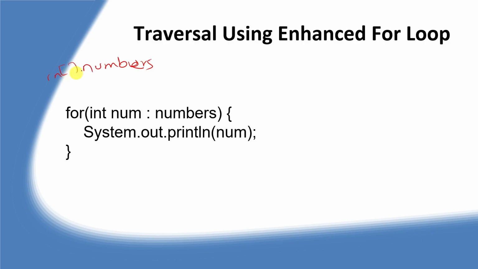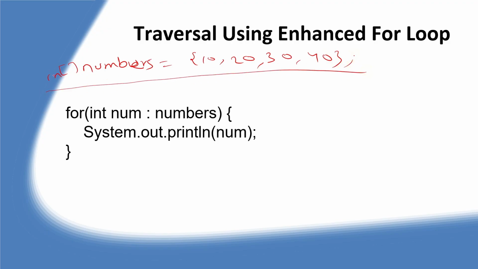Say int array numbers equals 10, 20, 30, 40. So we've initialized the int array, the array name is numbers, and these are the values 10, 20, 30, 40. Now we want to traverse each element of the array.